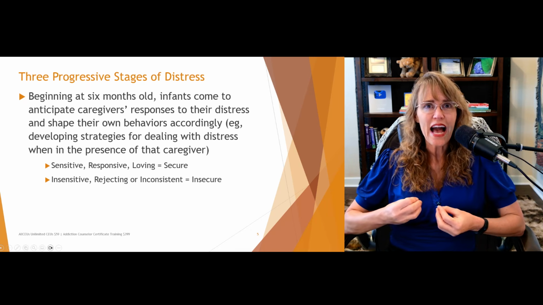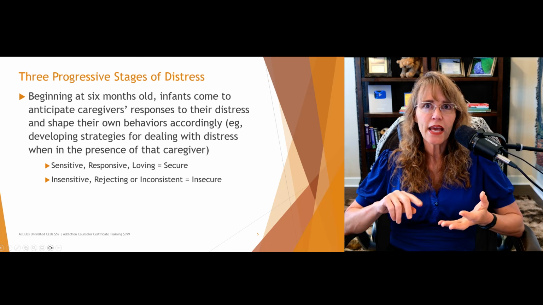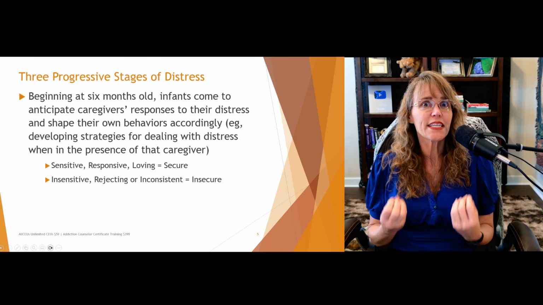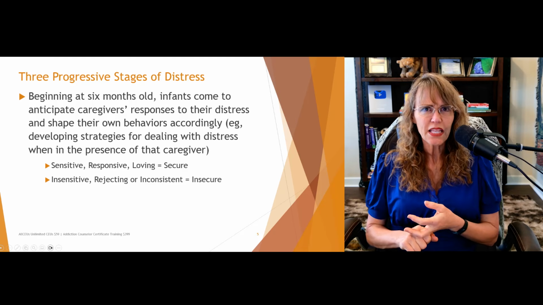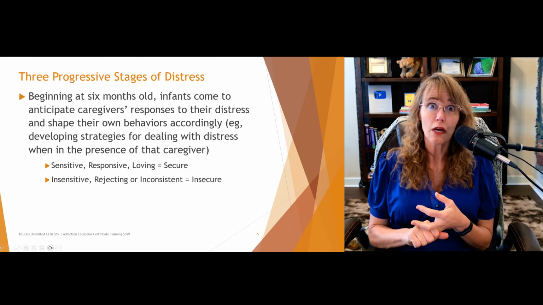Those types of reactions, the child will start to anticipate, and they may, again, avert their gaze. They may quiet down. They may become inconsolable because they're hoping somebody else is going to come along.